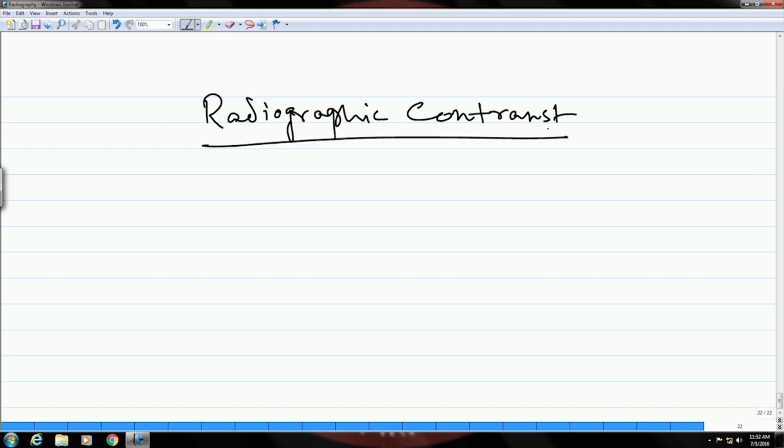So, as I said, this is nothing but the difference in the densities between two regions. If we call this C s, this is the density difference.